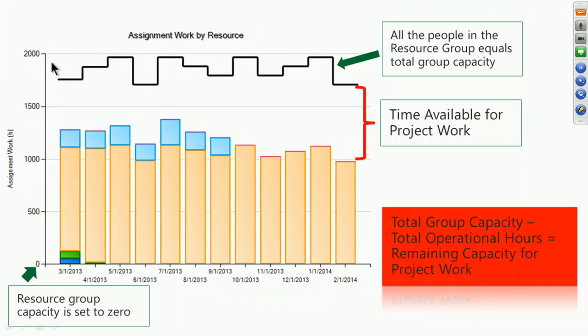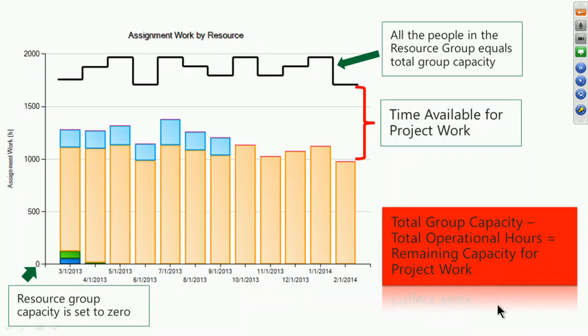That is the total capacity for the group. In this case, it was our IT PMO. The bar goes up and down because of each month's duration or availability. But that was your total capacity. So the total capacity, again, is the total number of people at max units 100.